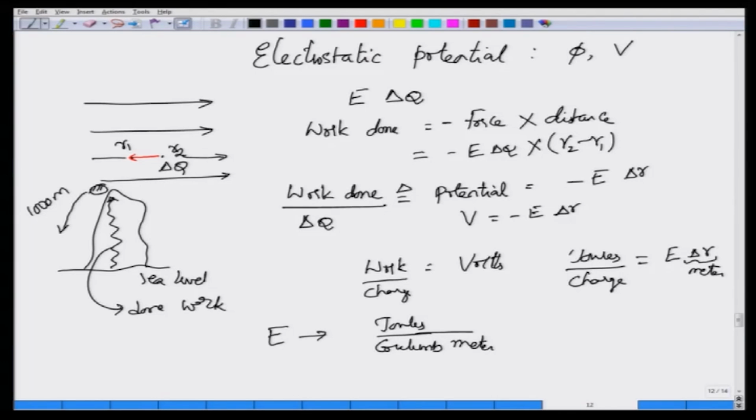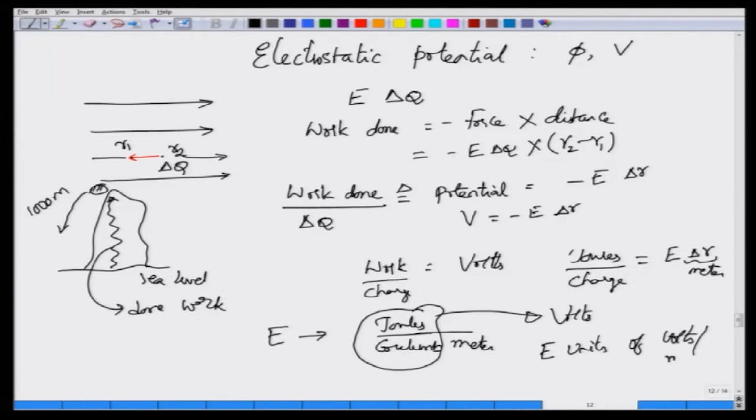Electrostatic potential is work done per Coulomb. Work done per Coulomb is nothing but joules per Coulomb. So, I can replace this joules per Coulomb with volts, thus giving me electric field units of E measured in units of volts per meter. Okay. So, this is where the units for electric field come from, volts per meter.